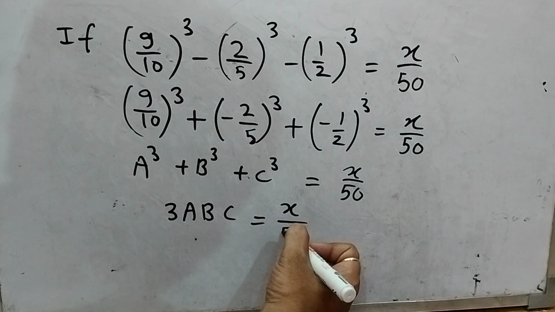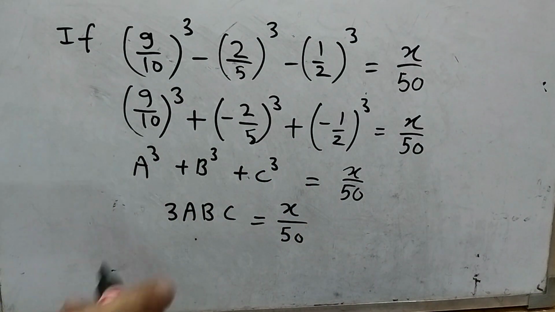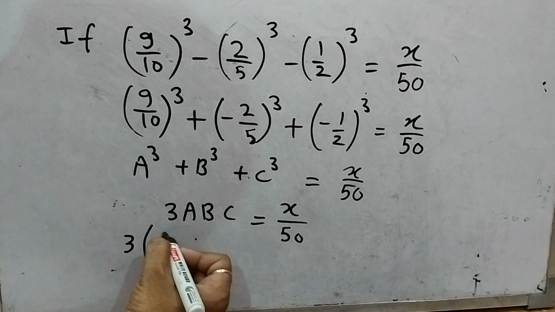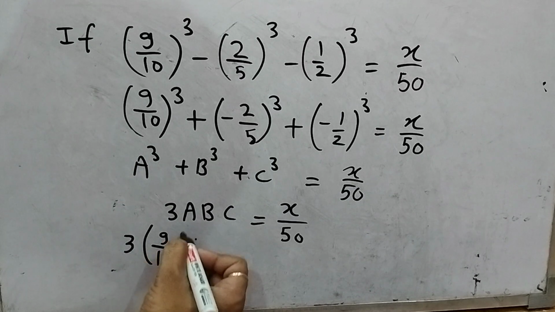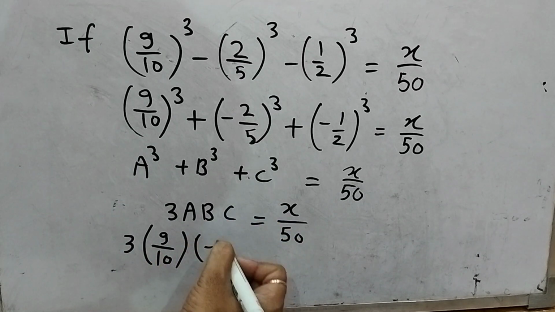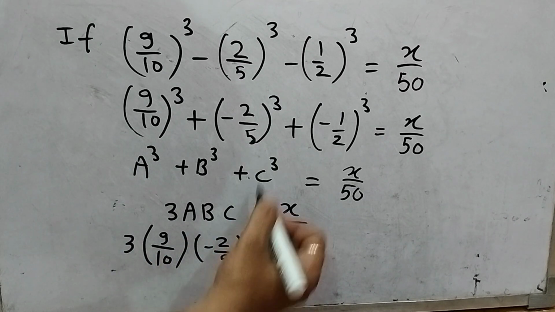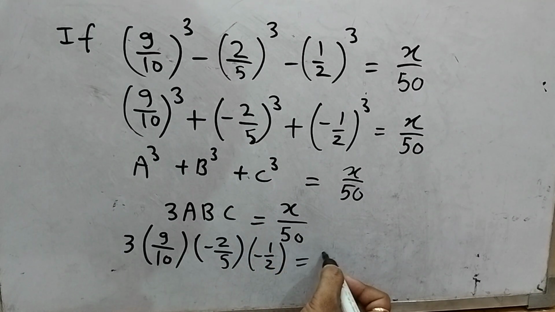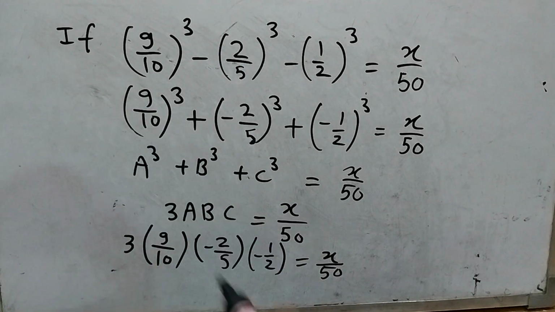And I have shown that a plus b plus c is 0. What is a here? 9 by 10. What is b? Minus 2 by 5. What is c? Minus 1 by 2, equal to x upon 50. Now it is very easy to solve. Transpose it, cancel it, and you'll get the answer for x. Thank you very much.